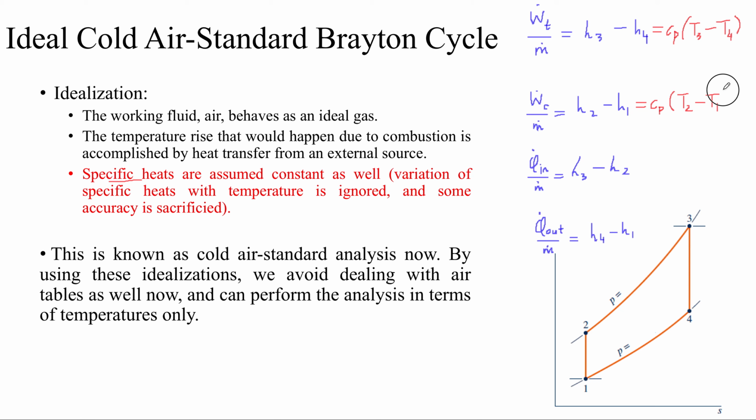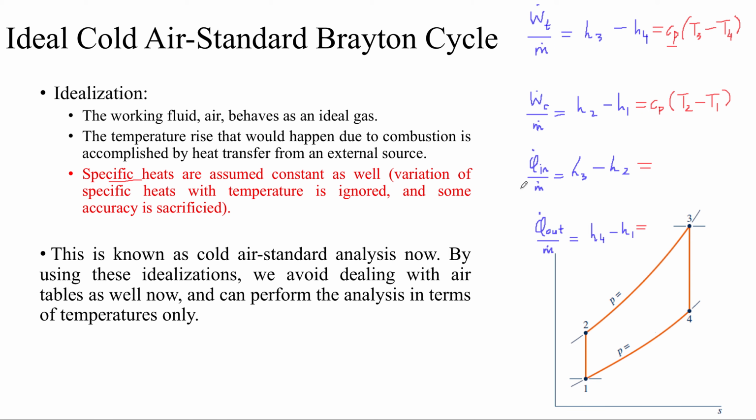And I could go on and keep doing this for the heat content added, the heat content removed. And then even in terms of thermal efficiency, I could write it in terms of the temperatures because Cp would cancel out. I wouldn't need to account for that, but I would need to account for Cp when I'm looking at the work done across the turbine, for example.